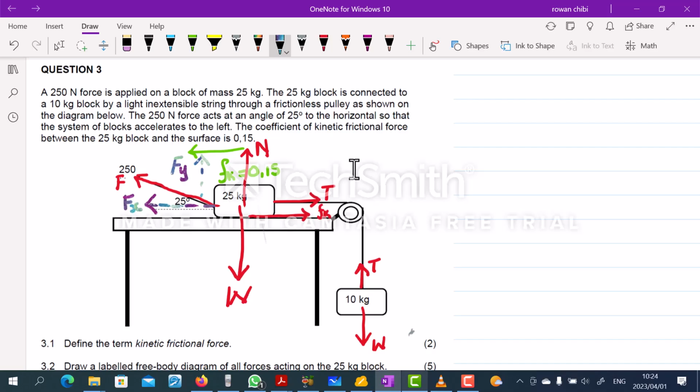So these are all the forces that we have for the 25 kg block, before we even go to the questions. Now let us go to the questions.